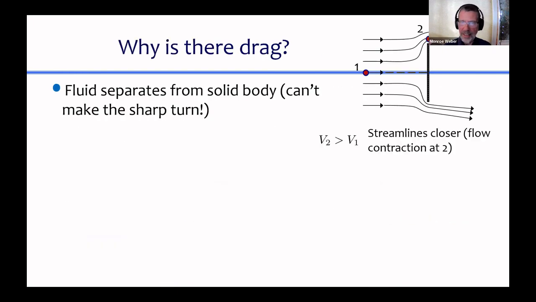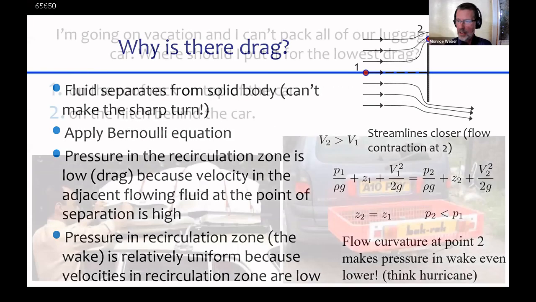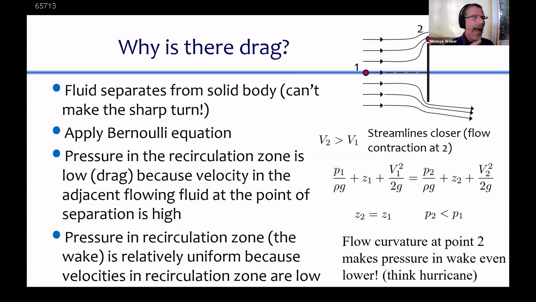Okay, enough of that. I'll add even a third thing that makes it bad. This is just like extra credit. There's flow curvature. The streamlines are curved at point 2. And if a streamline is curved, think hurricane.